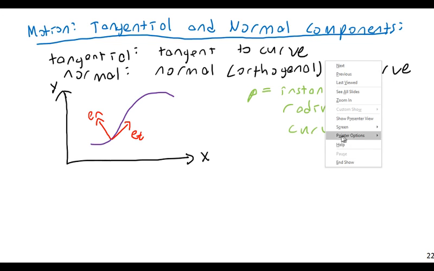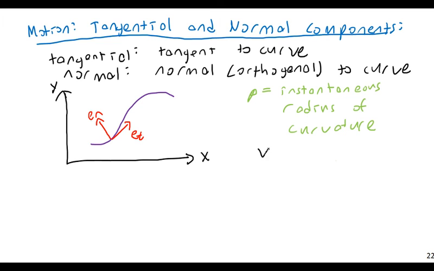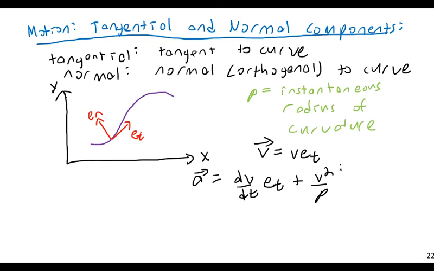And then v is equal to v ET. So the velocity is simply the magnitude of the velocity times the tangential unit vector. And the acceleration vector is going to be dv/dt ET plus v squared over rho EN.